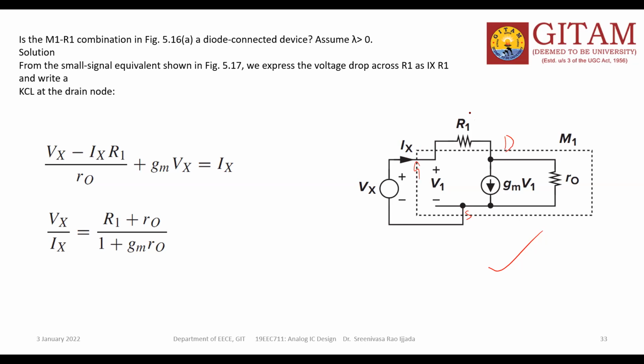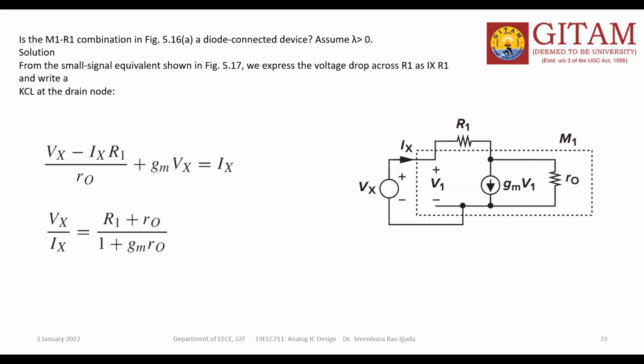Between gate and drain, R1 is there, and the rest of the things are as is. This is the current source and this is the transistor internal resistance r. Anyhow, my question is clear: whether the M1 R1 combination is diode connected or not.